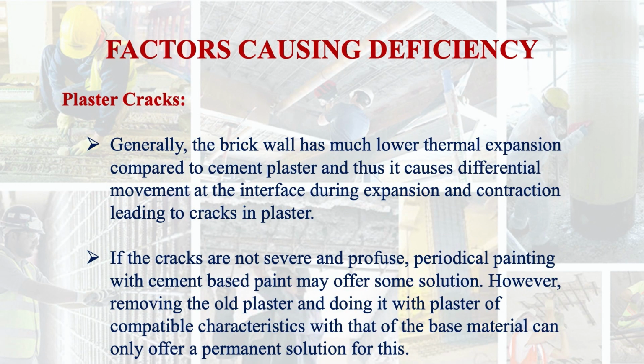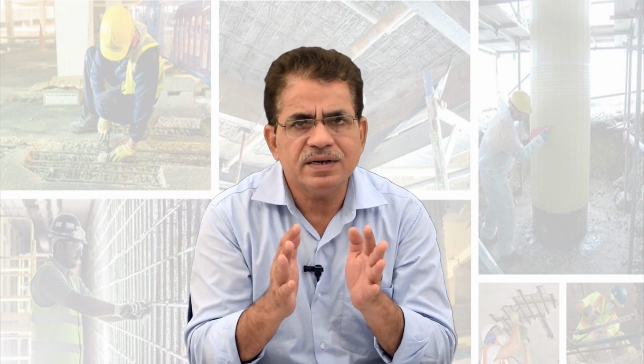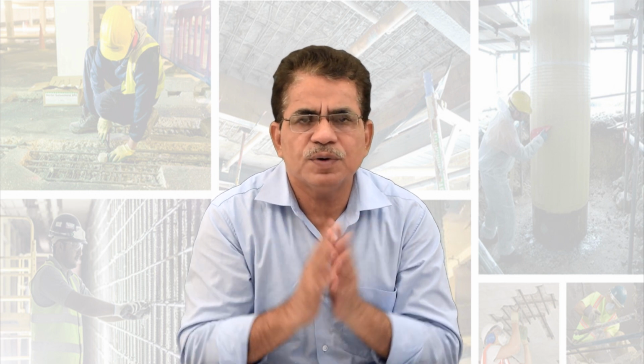If the cracks are not severe and profuse, periodical painting with cement based paint may offer some solution. However, removing the old plaster and redoing it with plaster of compatible characteristics with that of the base material can only offer a permanent solution for this, because the problem was because of different expansion and contraction properties.